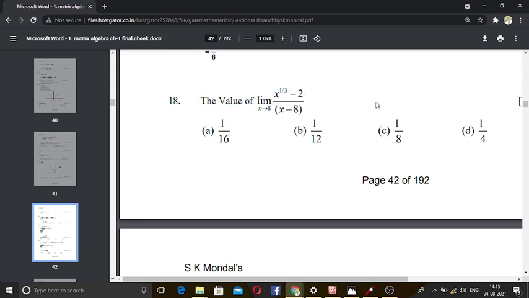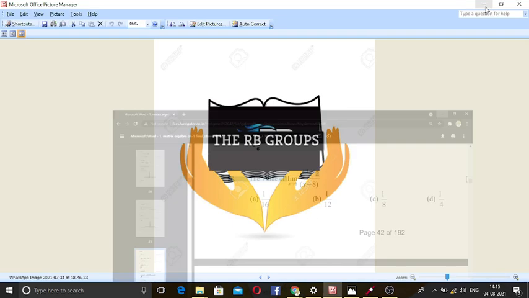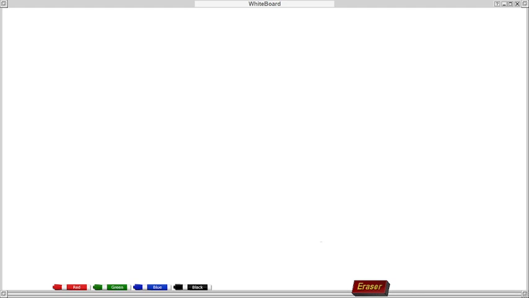So the next question is number 18. The value of limit x tending to 8 of x to the power 1 by 3 minus 2 upon x minus 8. What will be the value of this limit?